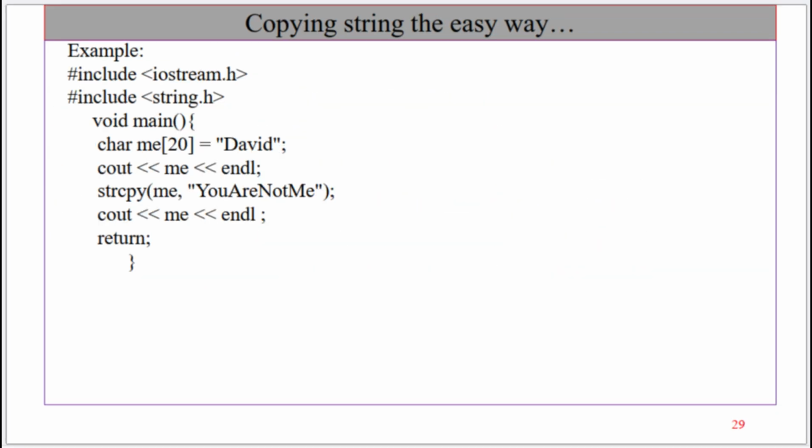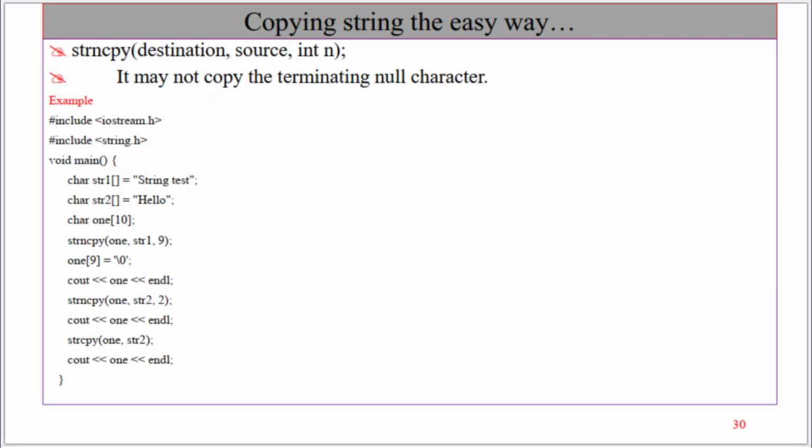Copying strings the easy way. Example: #include <iostream.h> #include <string.h> void main() { char me[20] = "David"; cout << me << endl; strcpy(me, "you are not me"); cout << me << endl; } 29. Copying strings the easy way, strncpy(destination, source, int n). It may not copy the terminating null character.